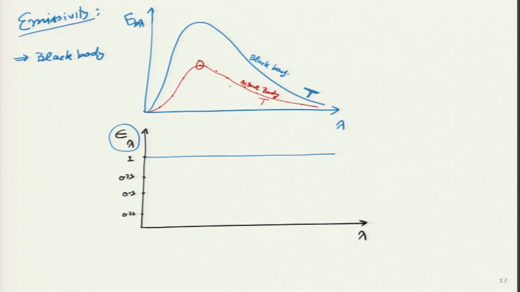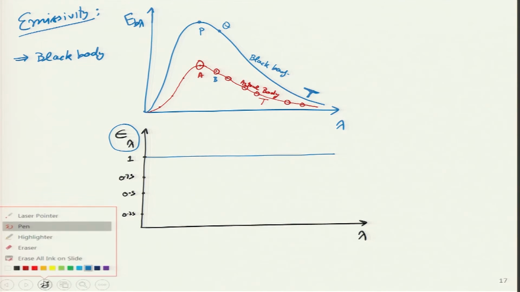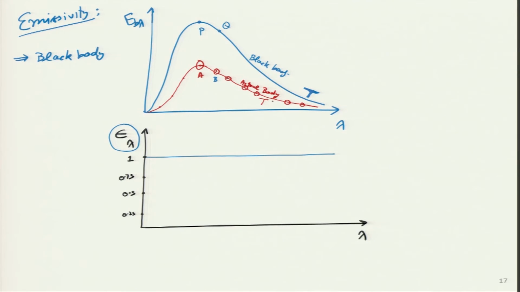What I see is that at all the points, these red points appear to be at half the height of the corresponding blue point. When I look at this point A, I look at the corresponding blue point, which we will give a new name, P. So, A is half the height of P. Then when I look at B, it is half the height of Q. I am just taking the ratio between them, and for the red line the ratio turns out to be half for all these points.